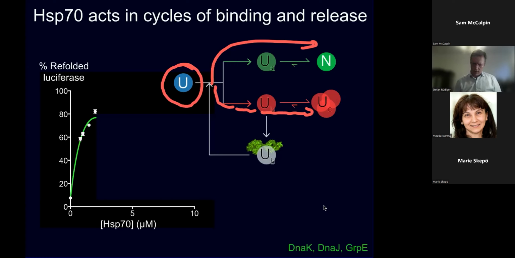So what happens then is that you have some molecular chaperone HSP70 that grabs this folding intermediate and puts it back into another folding cycle. That is the result, what you see here. You can refold the luciferase quite efficiently.